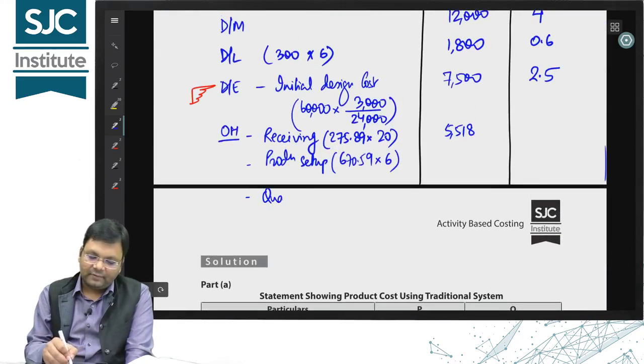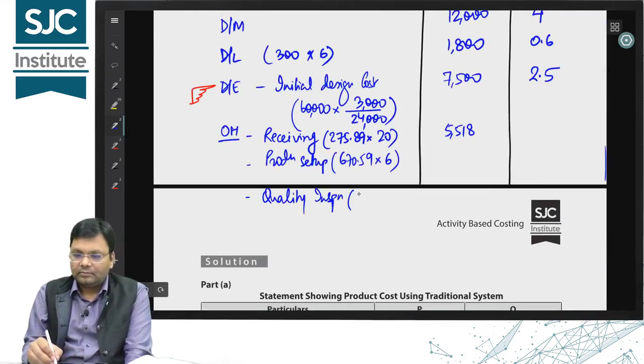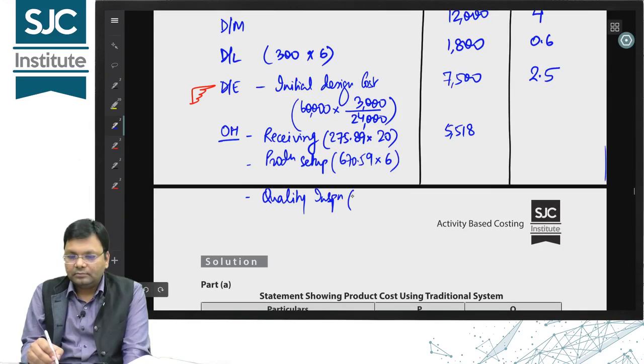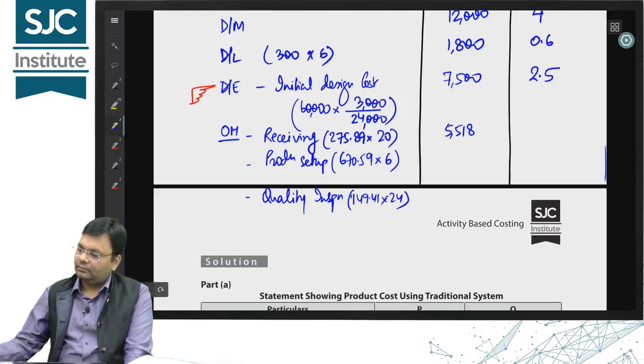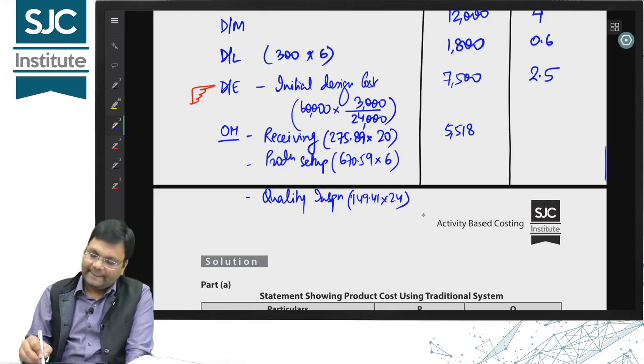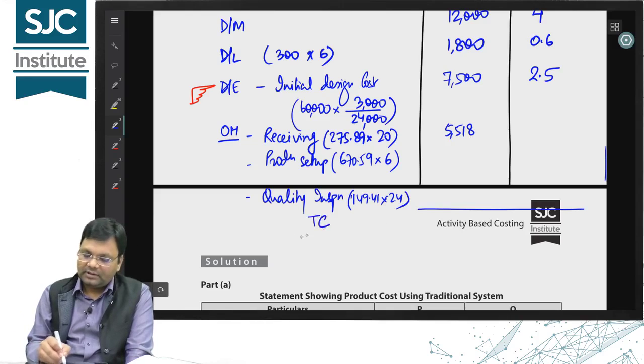So lastly we have quality inspection. Quality inspection rate is 149.41 into 24. So take the total cost, add markup of 25% on total cost, and here you get the sales value.